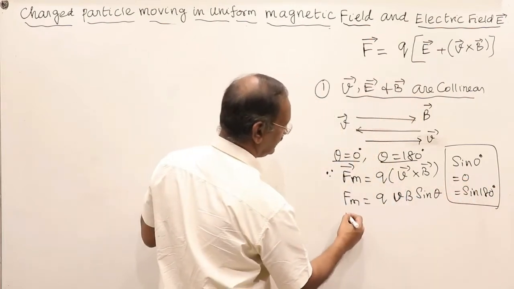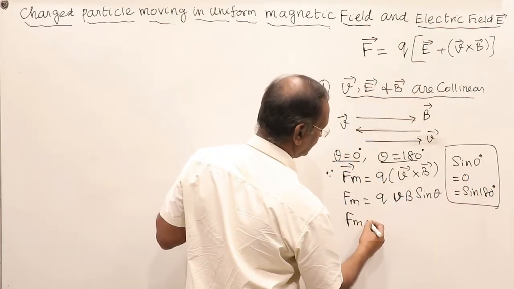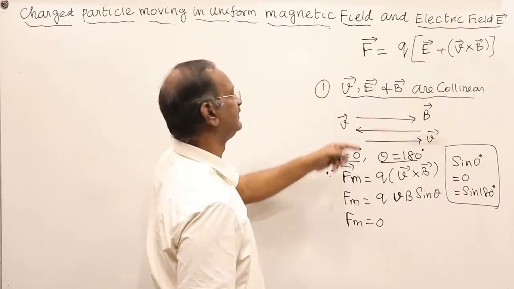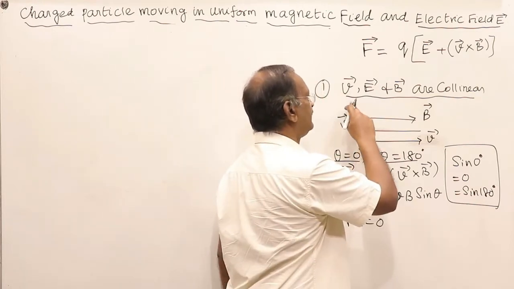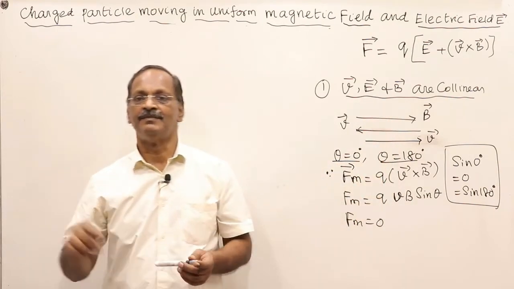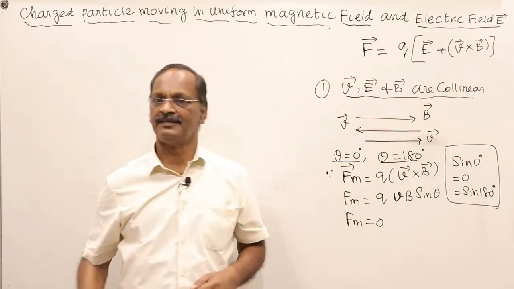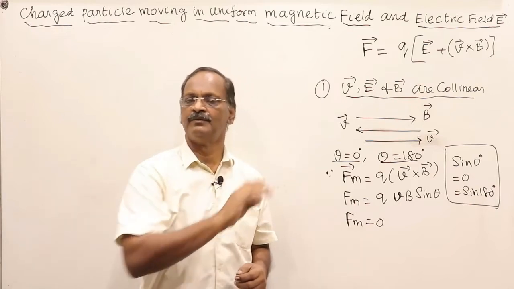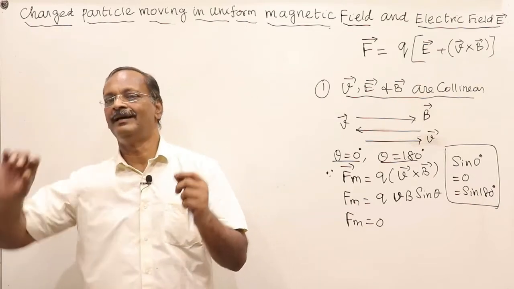The net magnetic force is equal to 0 in this condition, when the particle is moving collinear. Collinear means that if this is the magnetic field direction, the particle may move in this direction or it may move anti-parallel.